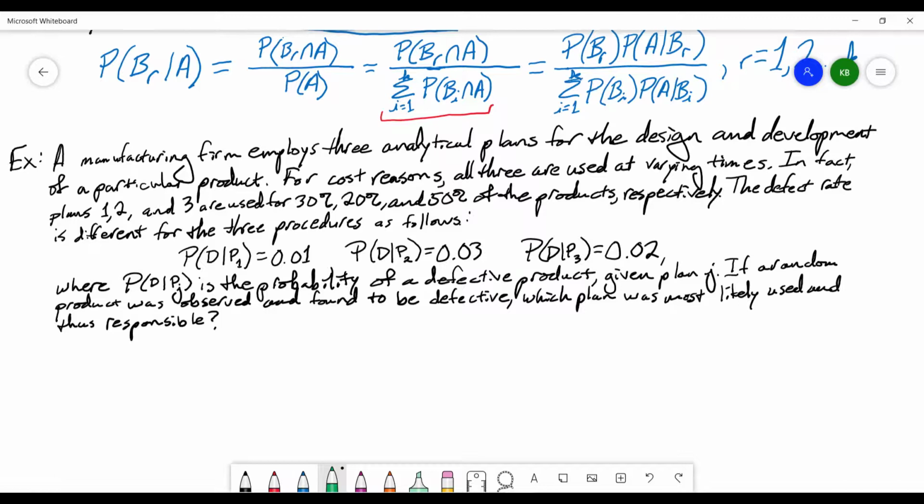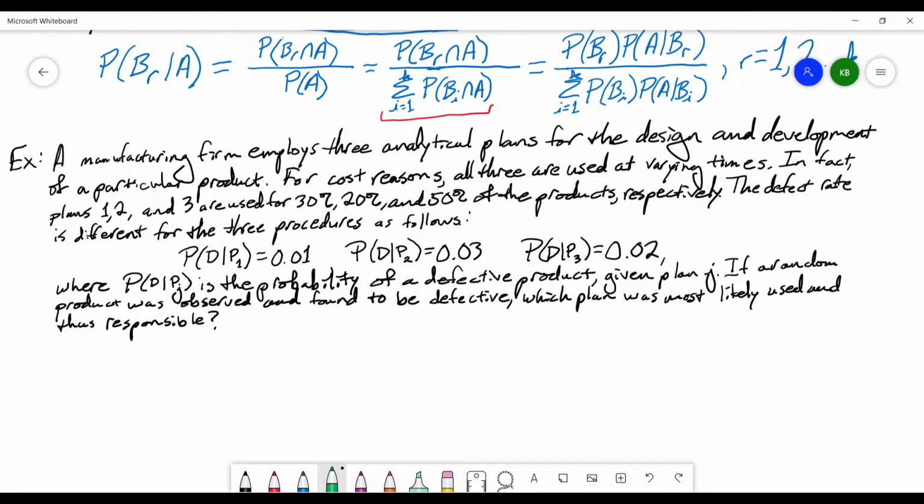So if a random product was observed and found to be defective, which plan was most likely used and thus responsible? Immediately looking at the conditional probabilities, you might think that plan 2 is most likely responsible because its probability of being defective, given that it was used, is highest. However, plan 2 is only used 20% of the time, so it might not actually be generating the most defective products.